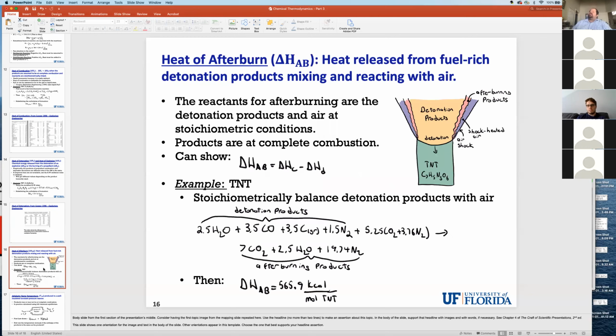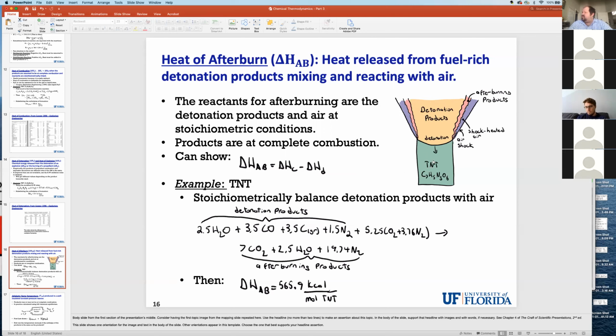Okay, and there's also something called the heat of afterburn. You may have noticed that there's a lot of leftover unburned fuel in TNT. If you have a stick of TNT with a detonation propagating through it, here we have just the raw stick of TNT.